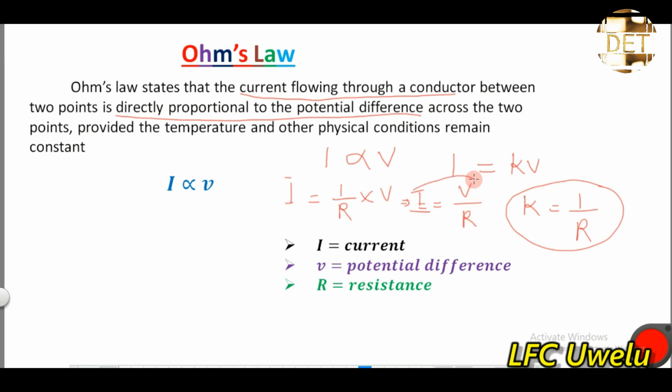This formula is very, very important from Ohm's law. I is equal to V all over R, where I is the electric current, V is the potential difference, and R is the resistance.